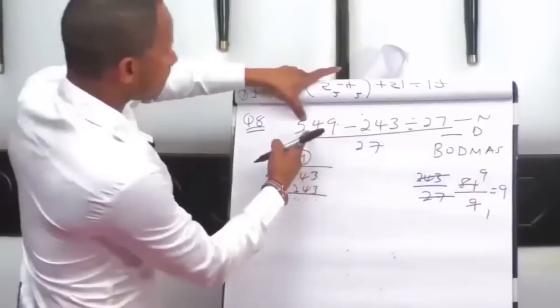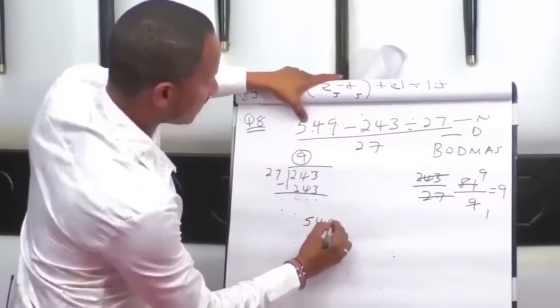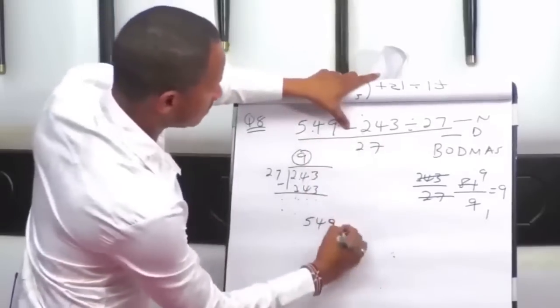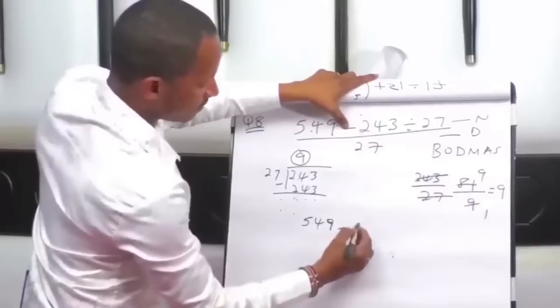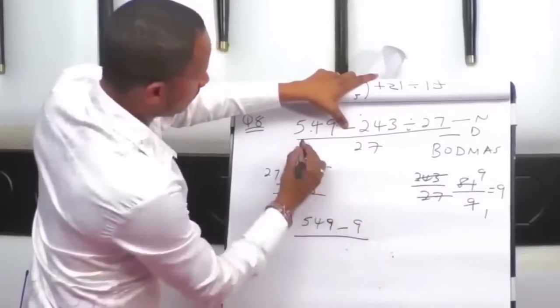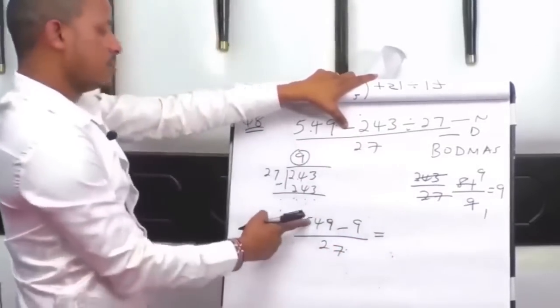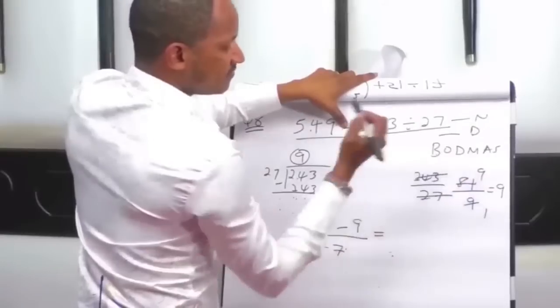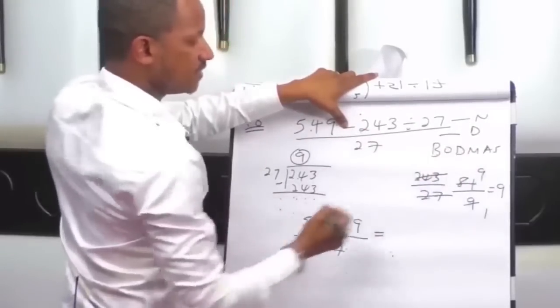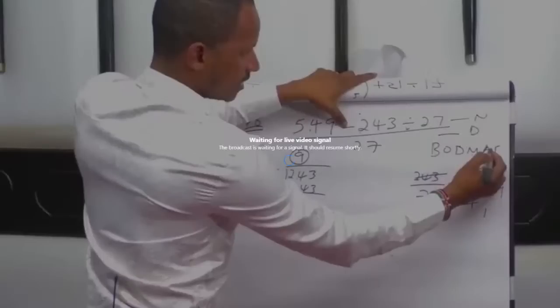So therefore, we have 549. Rewrite it, minus, if we divide 243 divided by 27, we get 9, minus 9, then divide by 27. So here, bracket is not there, of is not there, division we've already divided, multiplication is not there, addition is not there, subtraction is there.